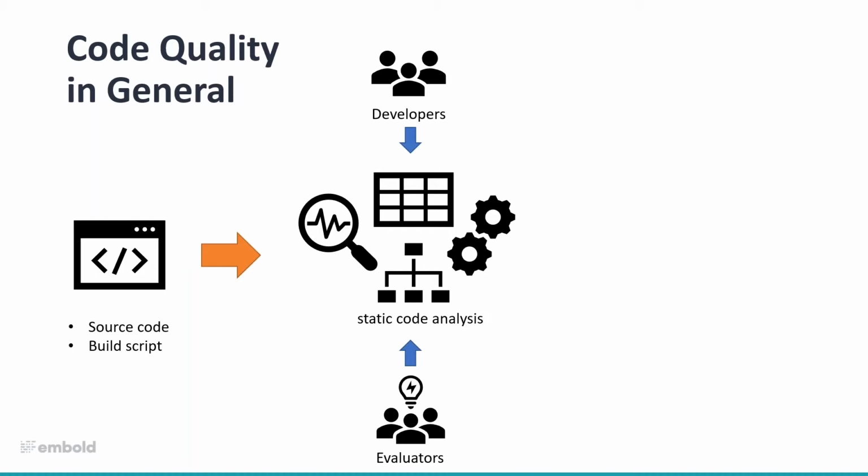When we have some issues, the developer will try to look at what exactly the problem is in part of the code. Let's say that part of the code has a complexity issue.